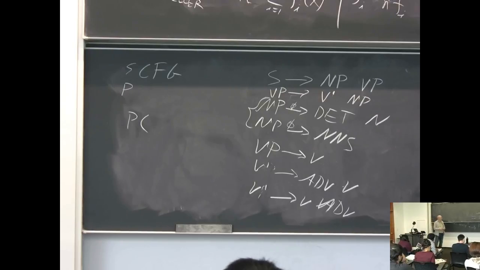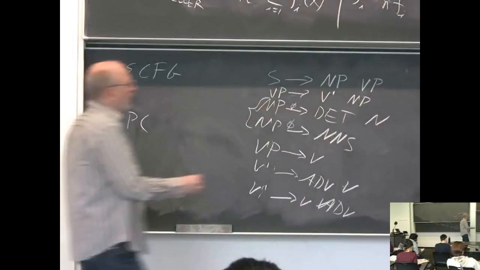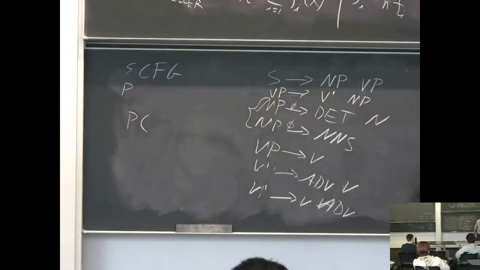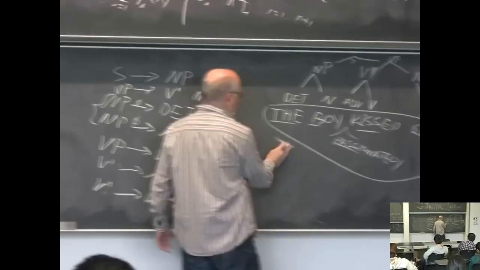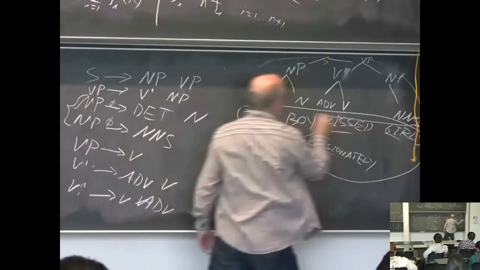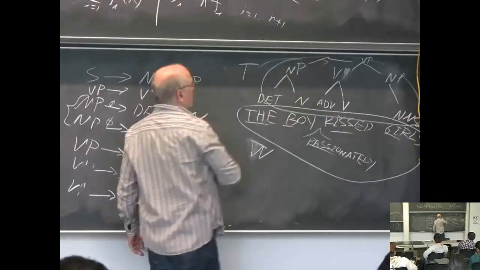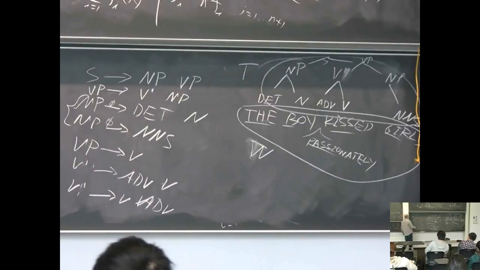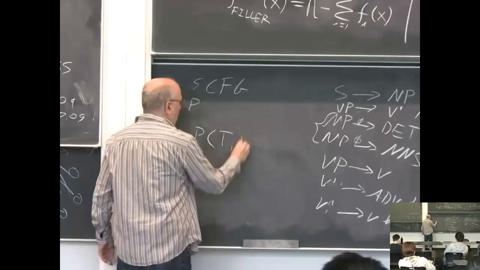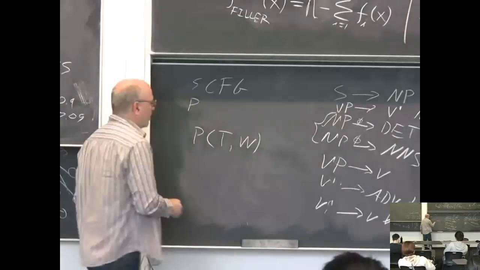So in the paper, this is called the word stream, and this is called the tree. The tree is hidden, the word stream or the word sequence is the visible part, and you can write the joint distribution of the tree and the surface part.